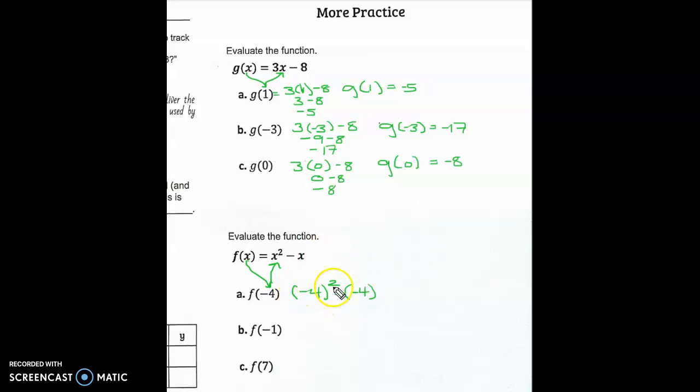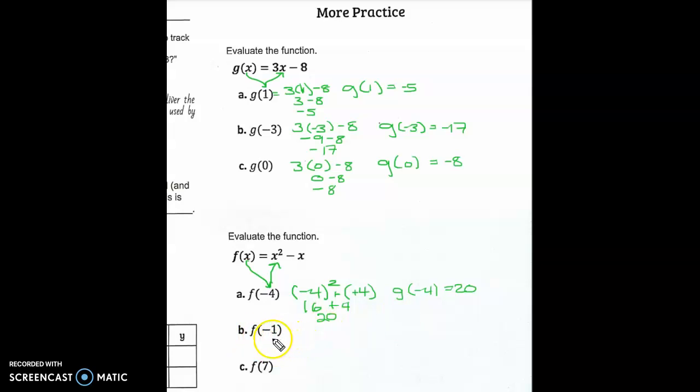So that negative 4, I did put it in parentheses because I want to group the negative and the 4 together, because negative 4 squared does equal positive 16. And then I have a negative and a negative. A double negative does make a positive, so now I have plus 4. And 16 plus 4 is 20. So now I have f at negative 4 is equal to 20.